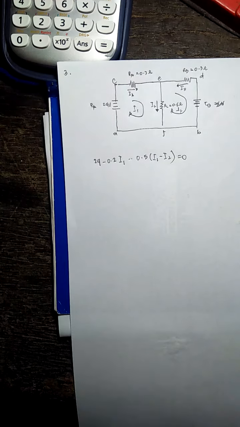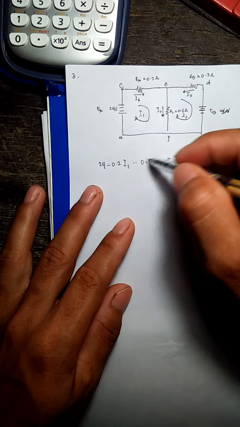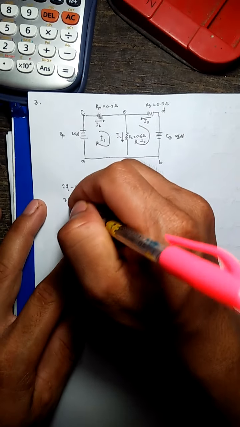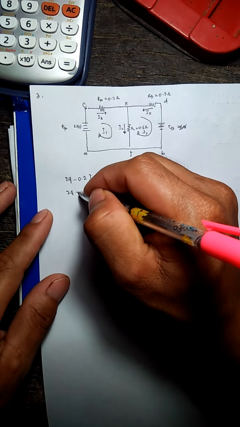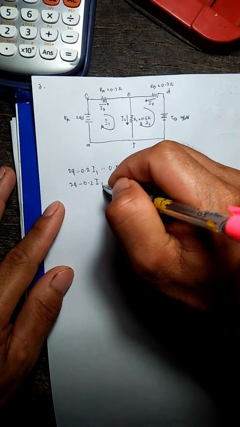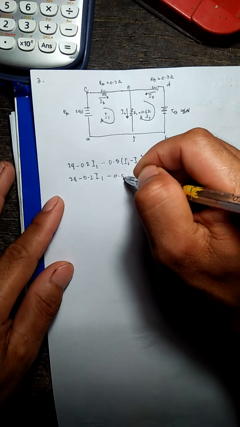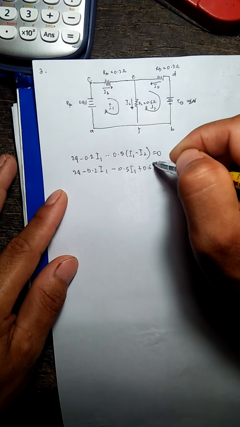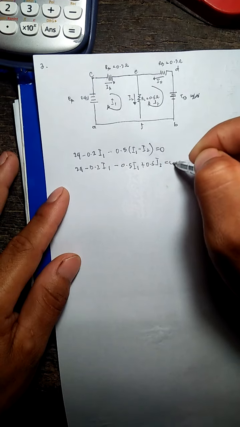Distribute this: 24 minus 0.2 I1 minus 0.5 I1 plus 0.5 I2 is equal to 0.